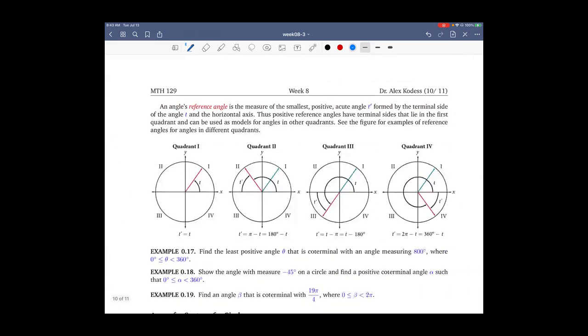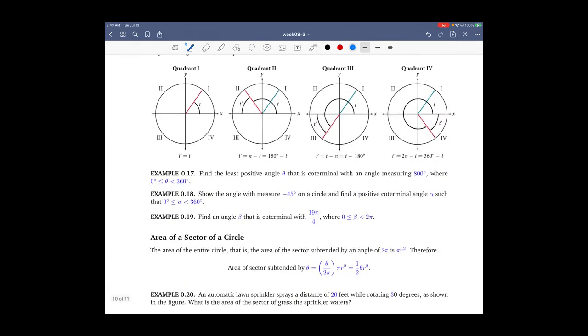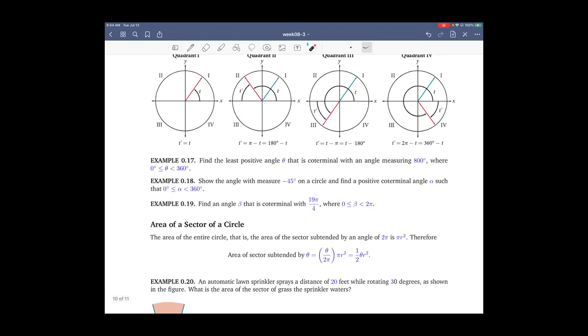Let's practice finding coterminal angles. In this example, for instance, we need to find an angle coterminal with the angle measuring 800 degrees such that it lies between 0 and 360.